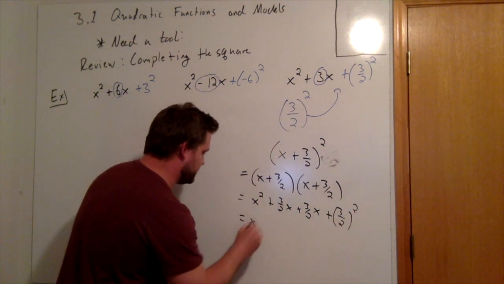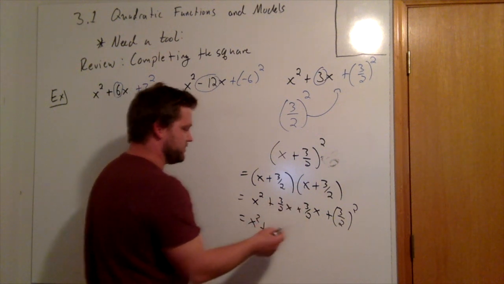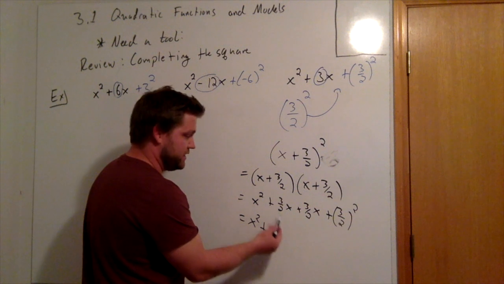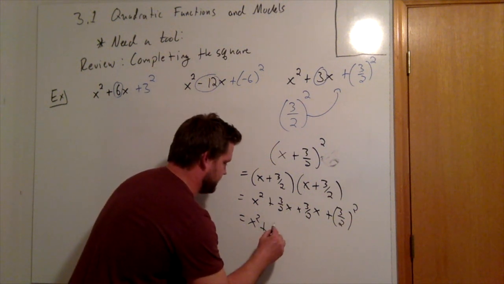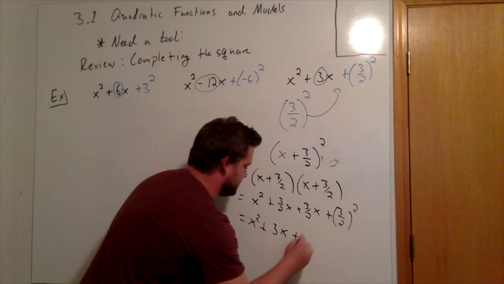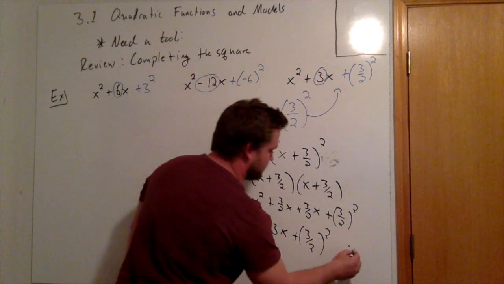So this will be x squared plus, well, I have 3 halves and I'm adding another 3 halves, so half of 3 plus another half of 3 gives a total of 3. So I get 3x plus the 3 halves squared, which is exactly what we have right here. Again, smiley face.